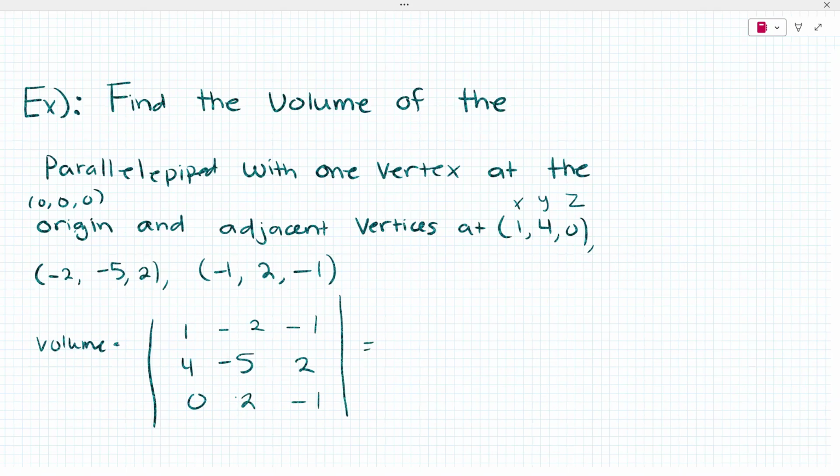Well, I don't want to just take the determinant, because you need to know the cofactor signs: plus, minus, plus, minus, plus, minus, plus, minus, plus.